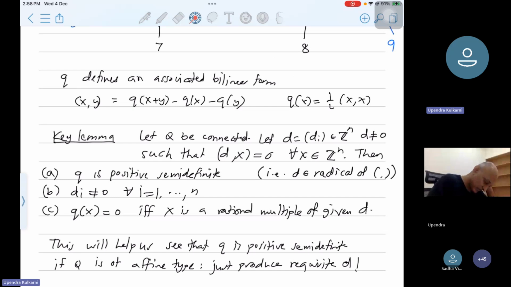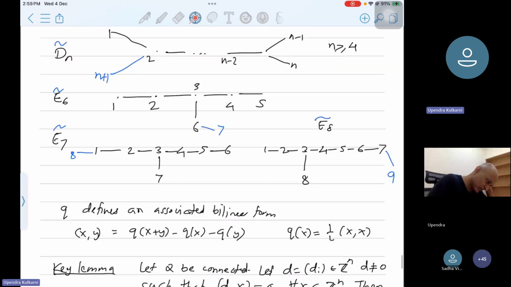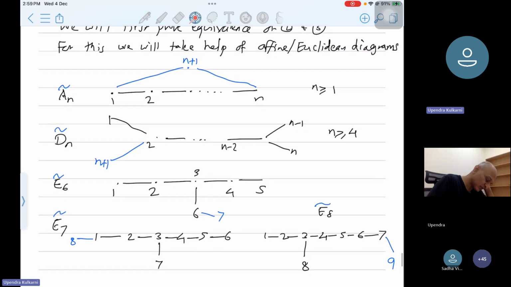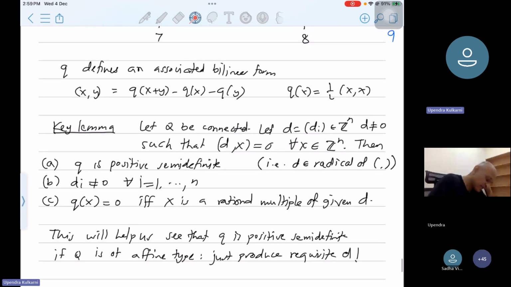So basically, what are we going to do? This argument is a little more involved. But what we are going to show is that we use the fact that if I have a special such x, then it has to be a rational multiple of the given d.